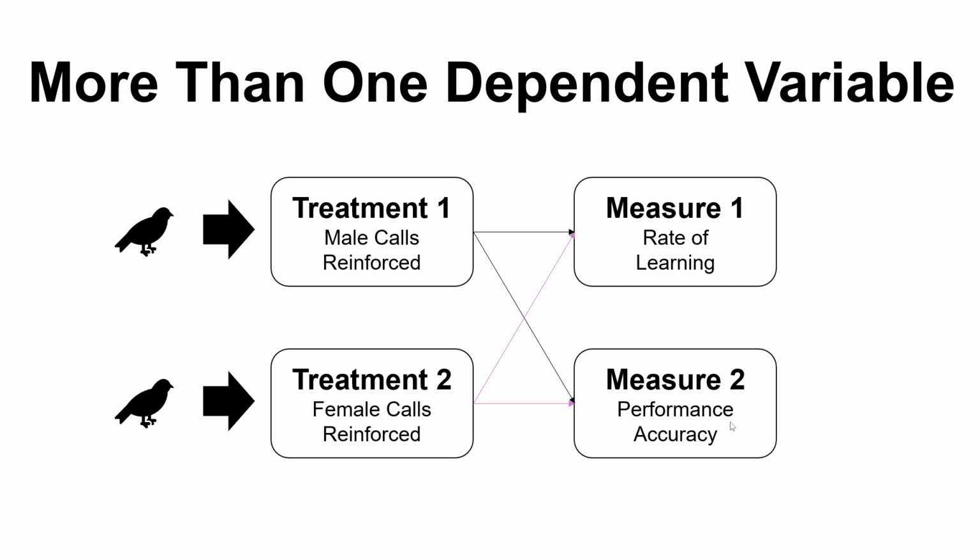How well did they perform based on the treatment that they received? So two different measures, two different dependent variables, just to give us a better idea of how our independent variable manipulations could be playing a role in that bigger picture.